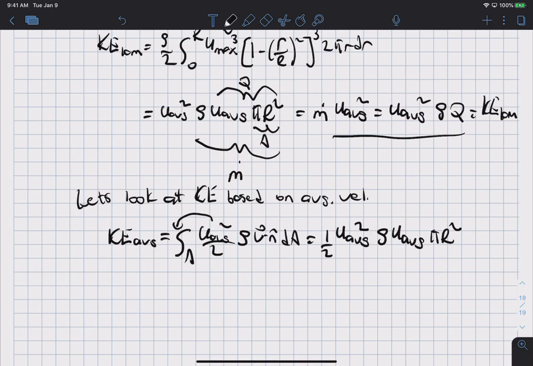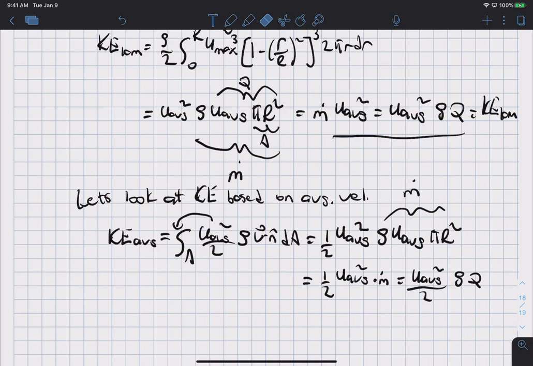Okay, because almost everything is constant here, and you're just left with an integral of v dot n hat dA, which is just q. Okay, and so this equals 1/2, and you'll recognize this as m dot, 1/2 u averaged squared times m dot, or equals u averaged squared over 2 times rho q.